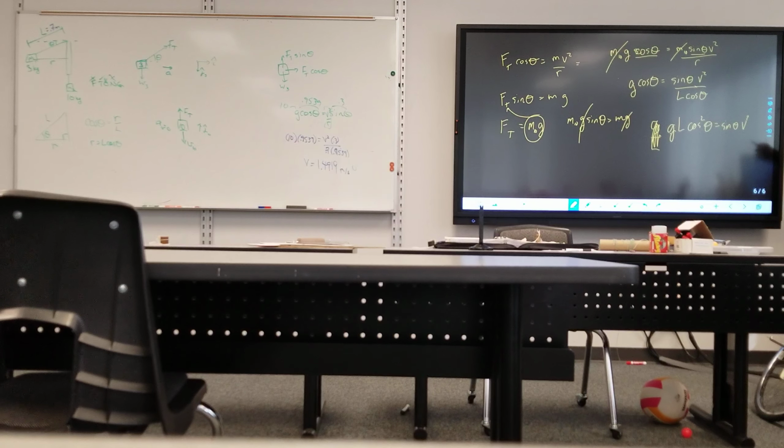I know g, I know L, I don't know theta, I don't know v. Also, I got a cosine theta there and a sine theta there, I need to somehow link them. What is the relationship between sine theta and cosine theta? Divided by cosine theta on each side, you get a tangent on one side. Oh, sine over cosine? I have cosine squared, so.